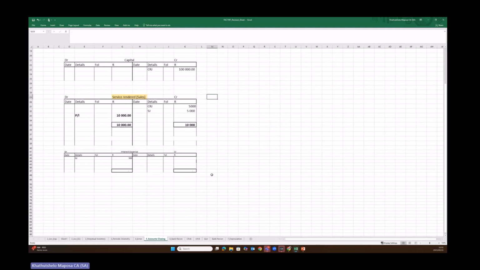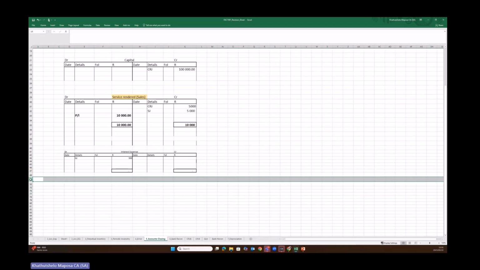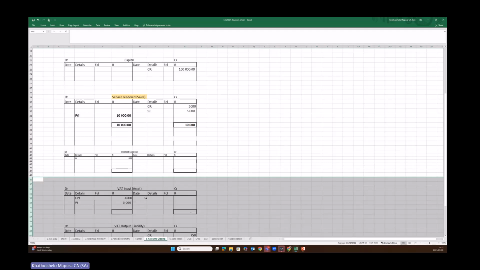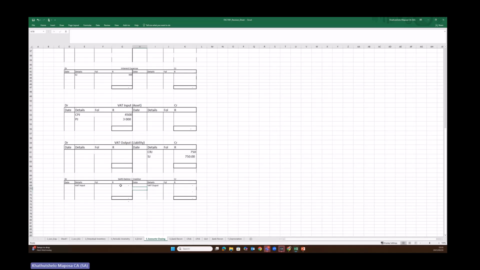And there are other accounts, I think I've hidden them somewhere. The tax-related accounts, the VAT input and VAT output. Remember, depending on what we tell you, these can be closed off to the VAT control account or the SARS debit or credit account. Tax control account or SARS debit or credit is the same thing.